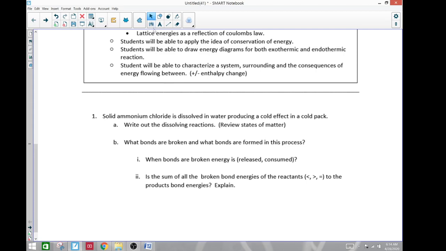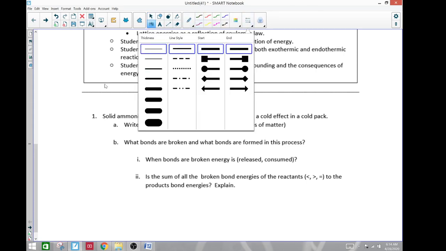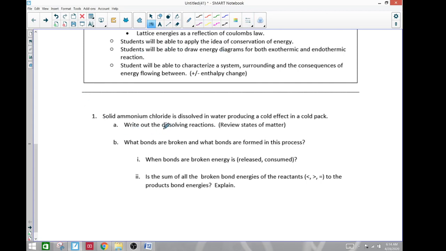Alright, let's grab a pencil here. And we're doing dissolving reactions. Okay, so it's ammonium chloride.